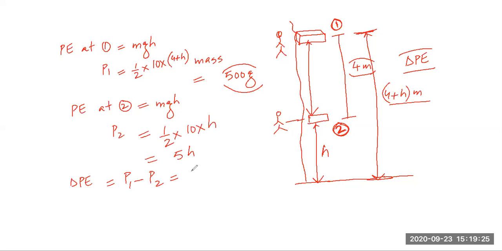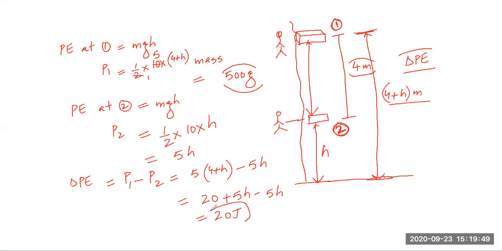That is 5 into 4 plus h, minus 5h, which is 20 plus 5h minus 5h, equal to 20 joule.